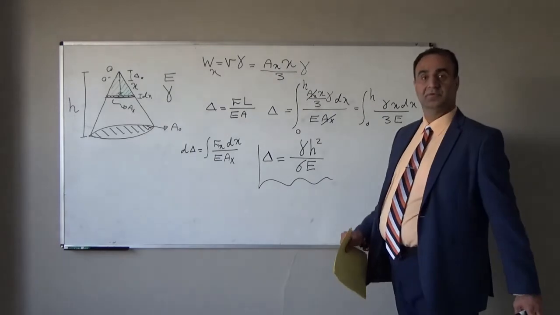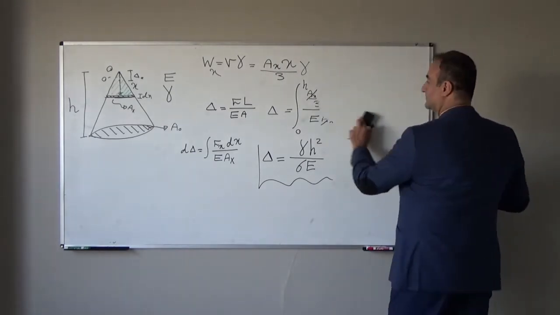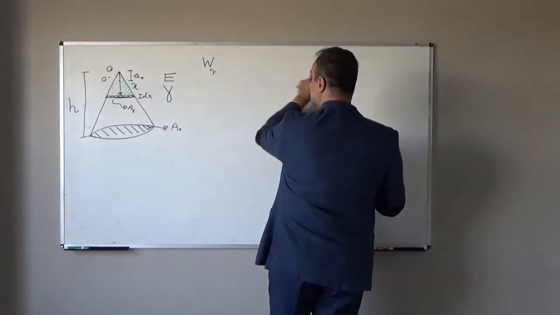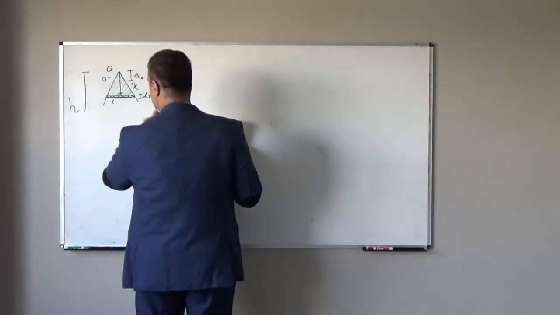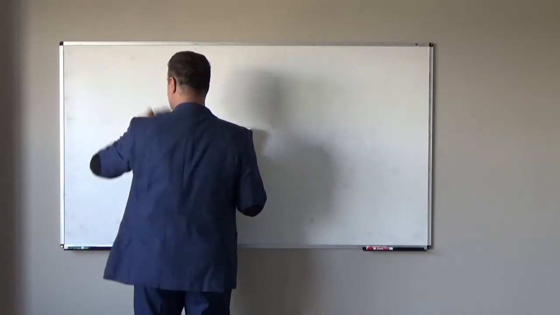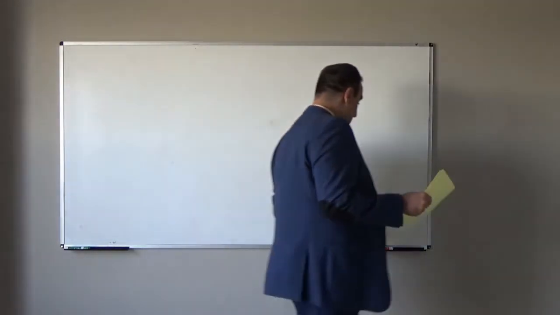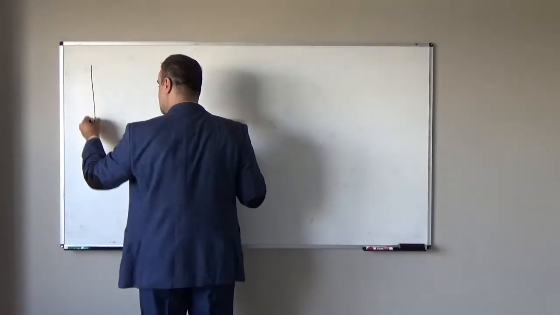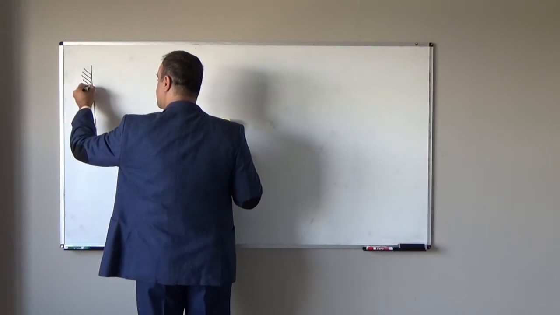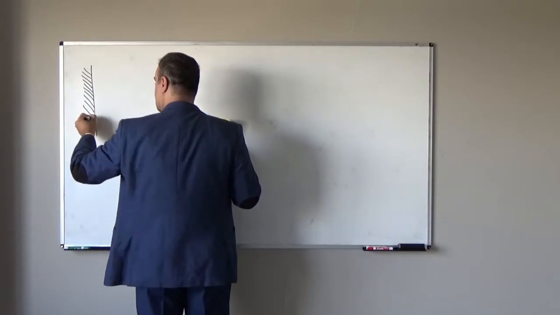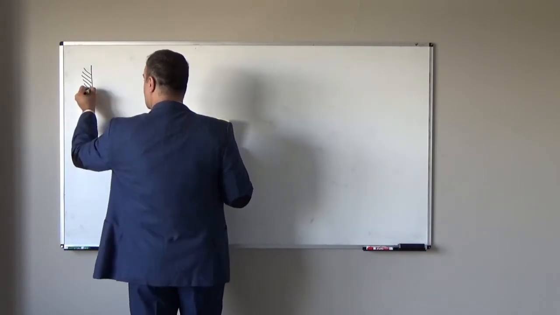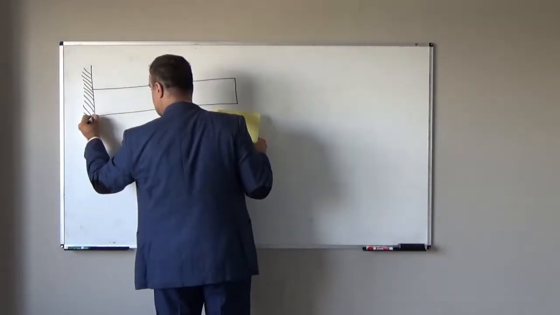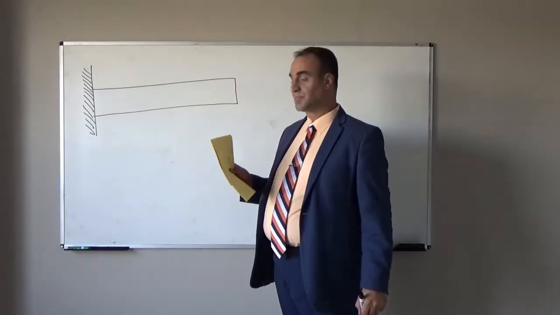Okay. Let's look at another problem. Assume we have one cylindrical shaped bar, cross-sectional area is circular, so it is cylindrical bar.